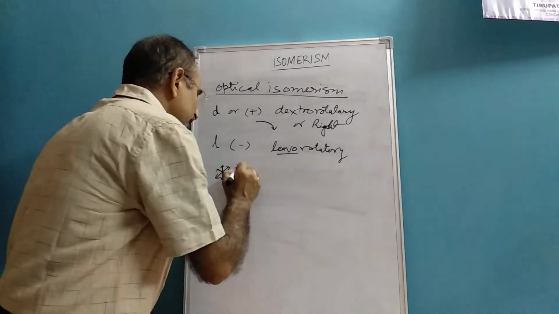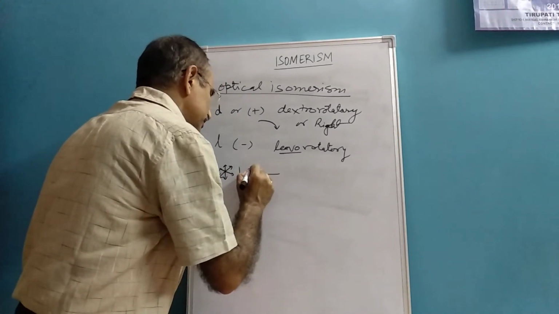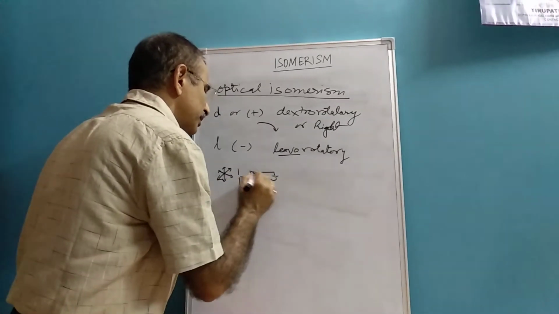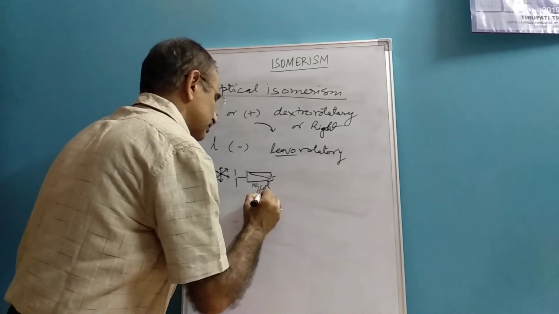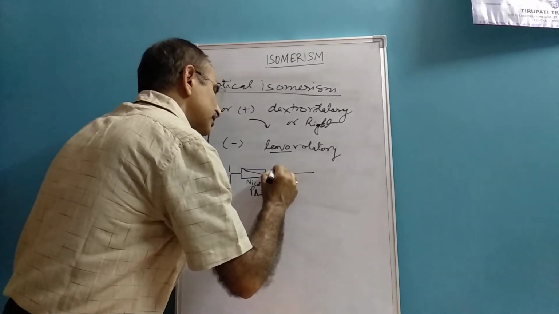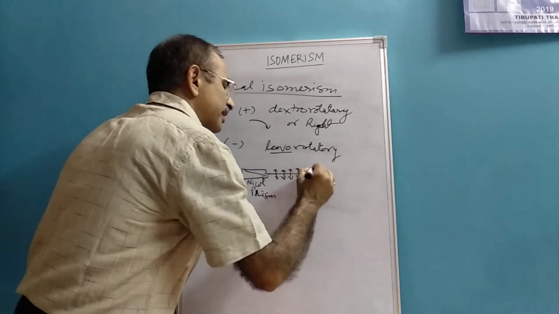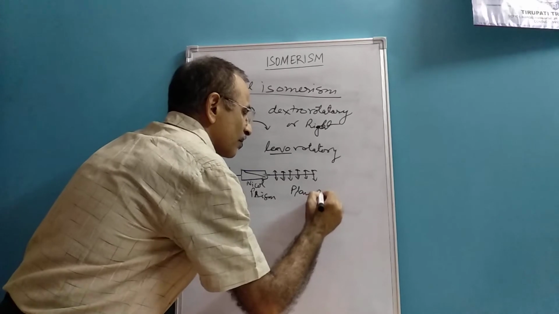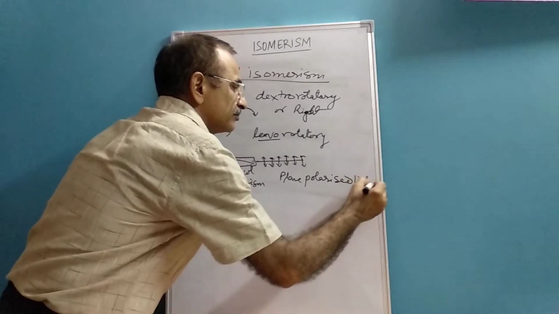But when a slit of this normal light is allowed to pass through Nicol prism, here this one is Nicol prism, then incoming light vibrates along perpendicular to the axis of plane. And this is called plane polarized light.